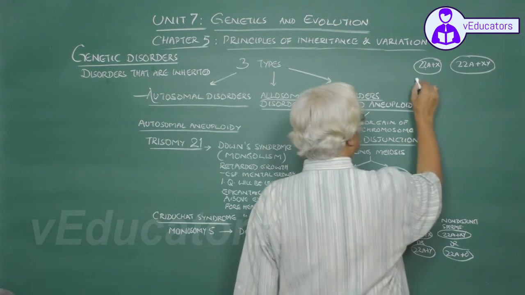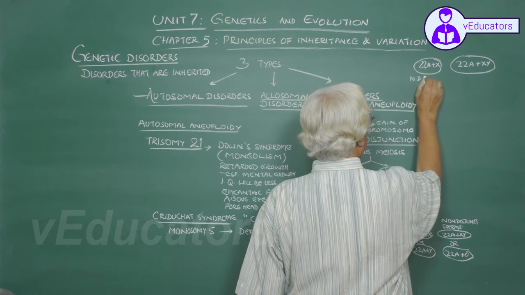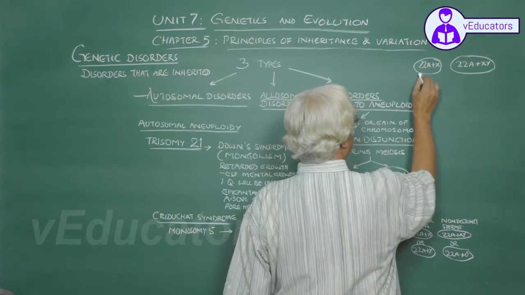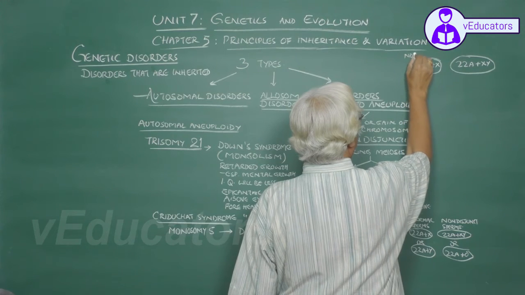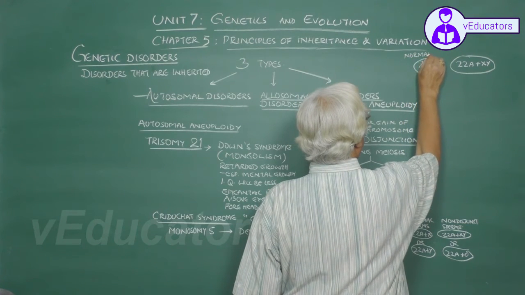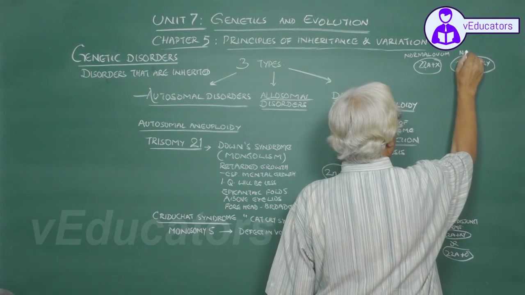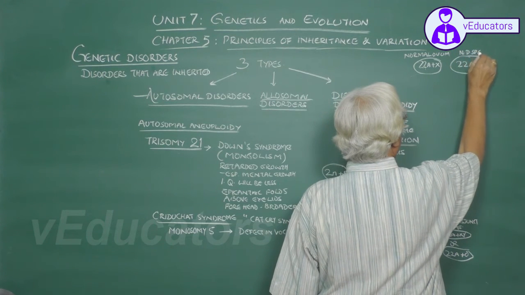So this is normal ovum, this is non-disjunct sperm.